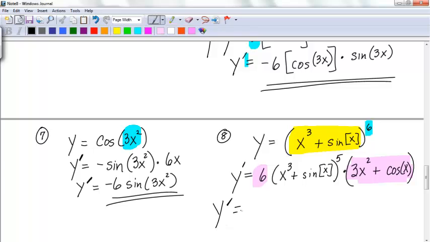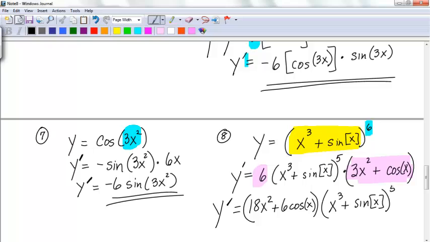You could distribute that and say it's 18x squared plus 6 cosine x. That whole quantity, you got to have parentheses, brackets, something around it. And then times x to the 3rd plus sine x. And that whole thing is to the 5th.